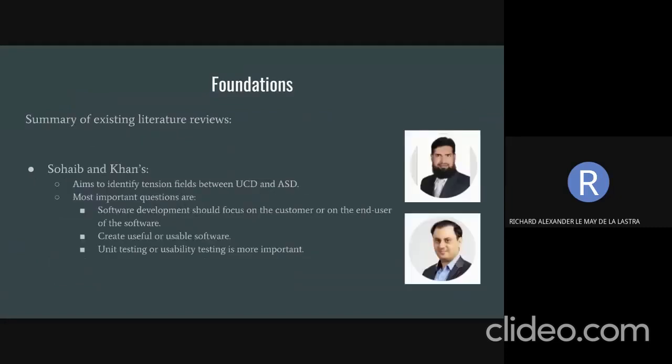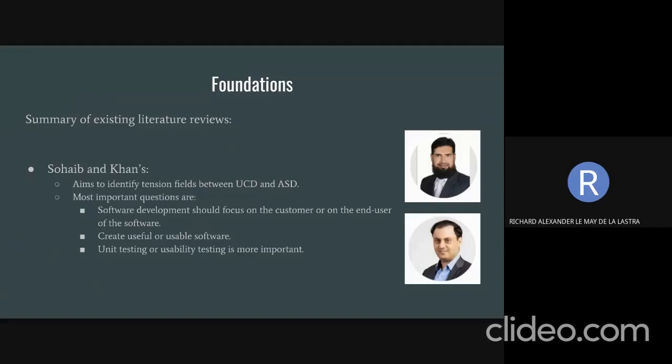Then the paper had a section called Foundations, where they tried to summarize the existing literature reviews. There were three main literature reviews, and the first one was from Sohaib and Khan. They aimed to identify tensions felt between UCD and ASD.